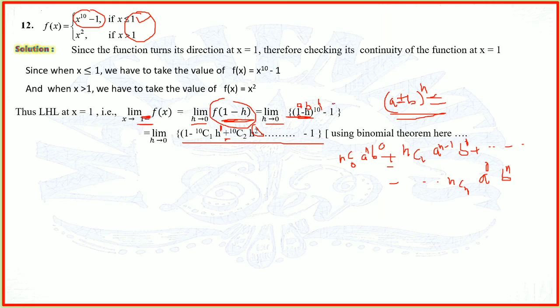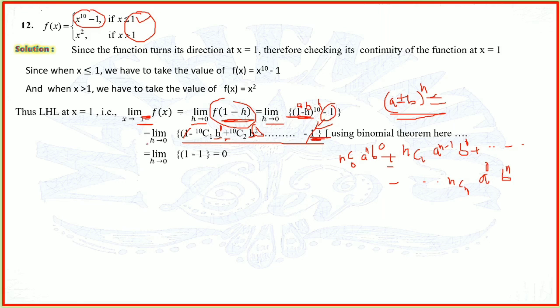The last separate term is minus 1, that we have written here. Then limit h tends to 0, this 1 would cancel with the minus 1 at last. Except for the first and next terms, everywhere we have h multiplied to these terms.